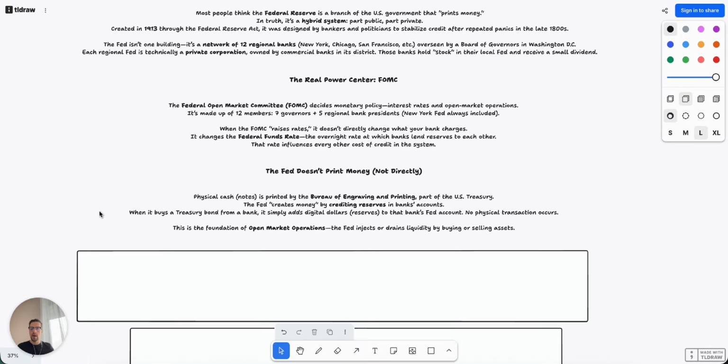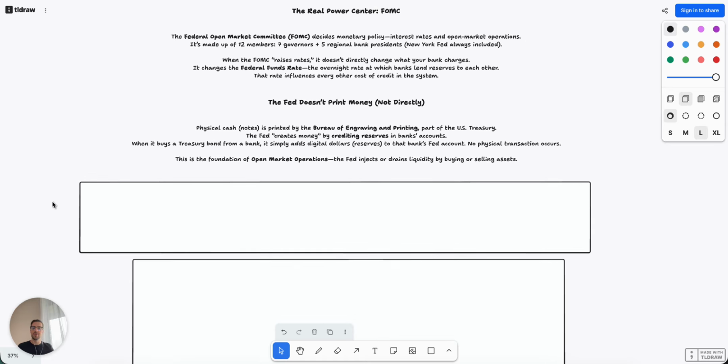An important thing that the majority of people, once again, fail to understand is that the Fed itself doesn't print money, not directly, so to speak. The physical cash, the notes, is printed by the Bureau of Engraving and Printing, part of the US Treasury. The Fed creates money by crediting reserves in banks' accounts.